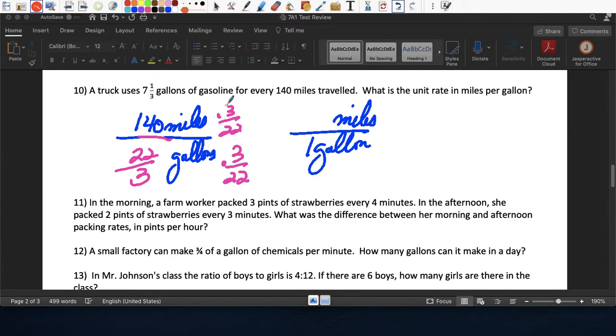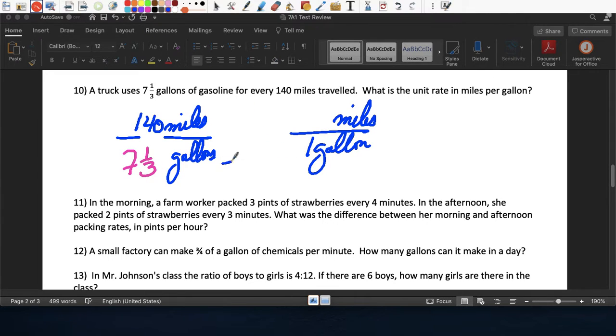So 140 times 3/22 is going to give me 19 and 1/11 miles in 1 gallon. That's the unit rate. Now, do it again, but this time I'm not going to change it. So with 7 1/3, how will I get 7 1/3 to become 1?